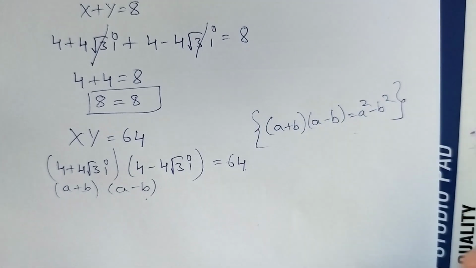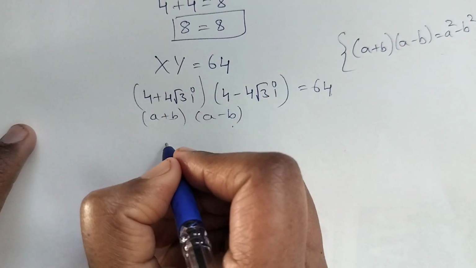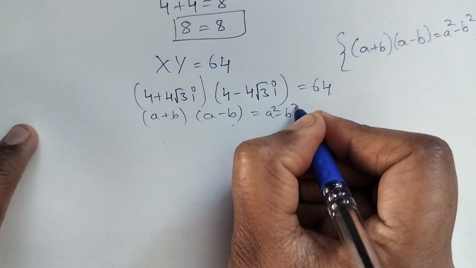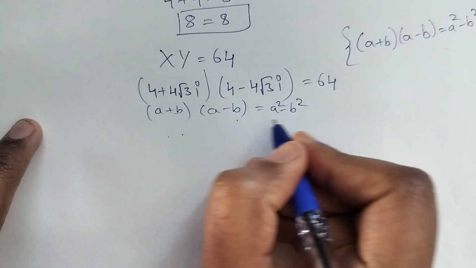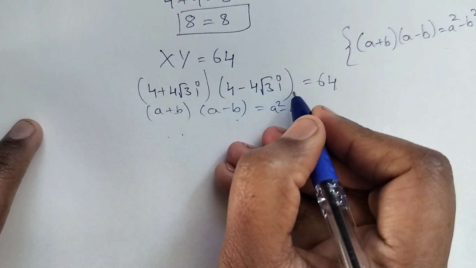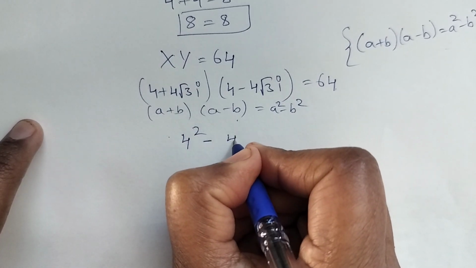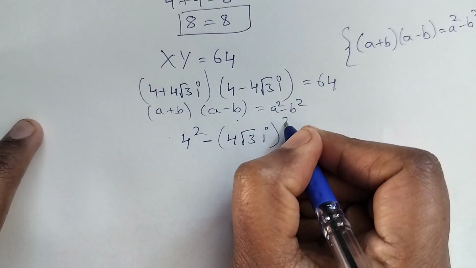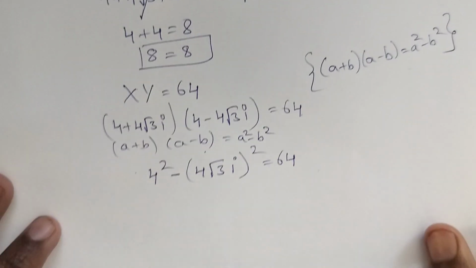So this is the formula. Use this formula: the a value is 4 and the b value is 4 square root of 3i. So 4 square minus (4 square root of 3i) square is equal to 64.